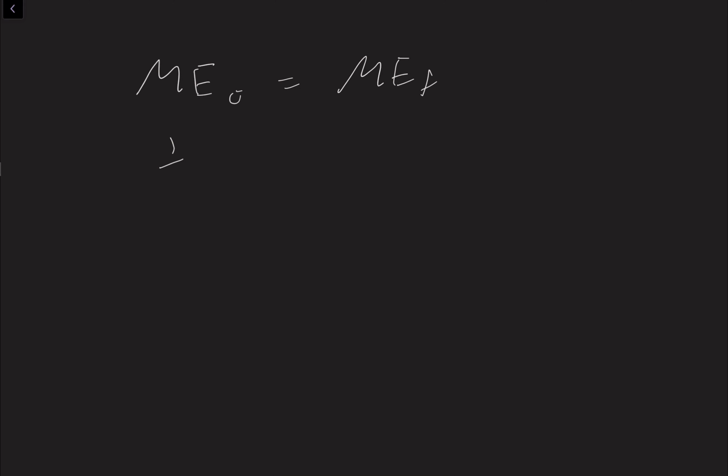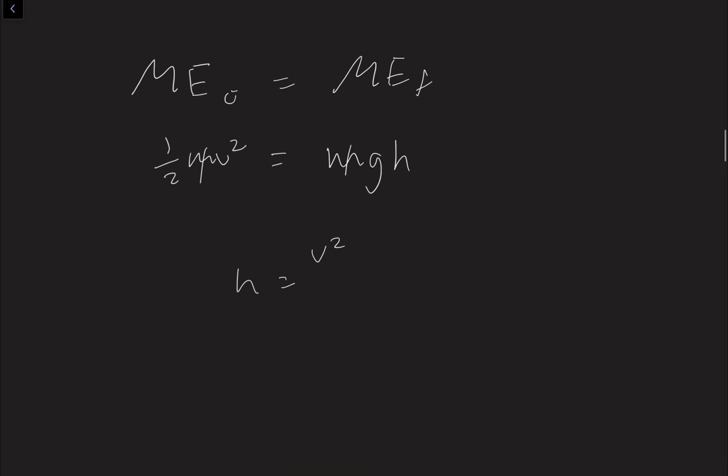Initially, we only have kinetic energy, since we're not up anywhere and there's no spring present. The final mechanical energy is at the highest point, where velocity is 0, so we only have mgh. Mass cancels out, so h equals v squared over 2g. What's v? 2.49 squared over 2 times 9.8 gives us 0.317 meter.